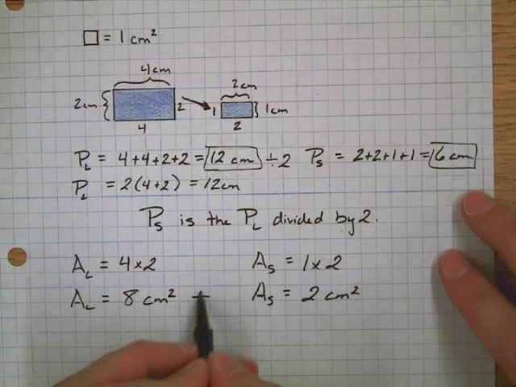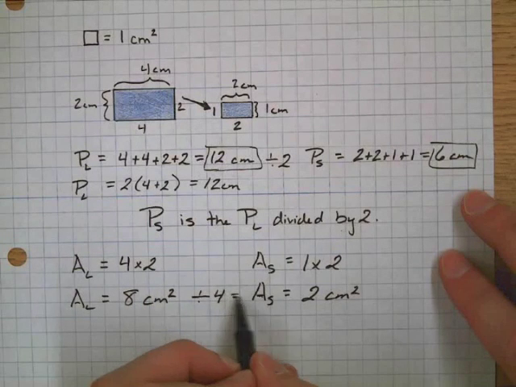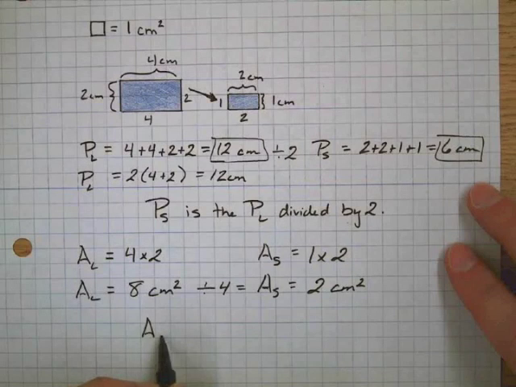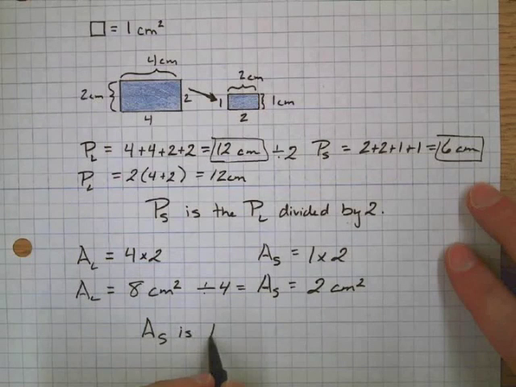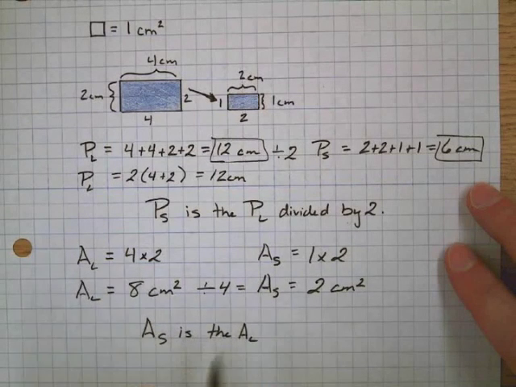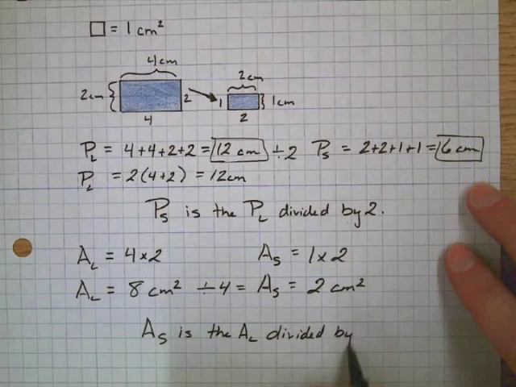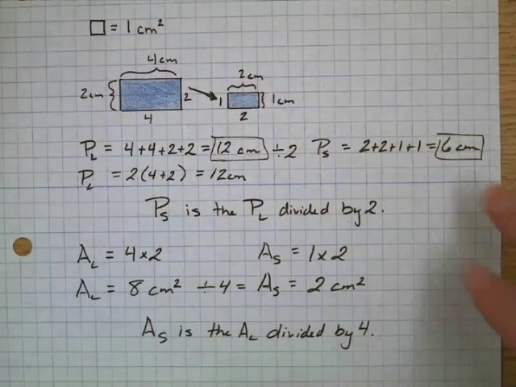We could think of that as dividing the area of the large rectangle by 4. So we could say the area of the small rectangle is the area of the large rectangle divided by 4.